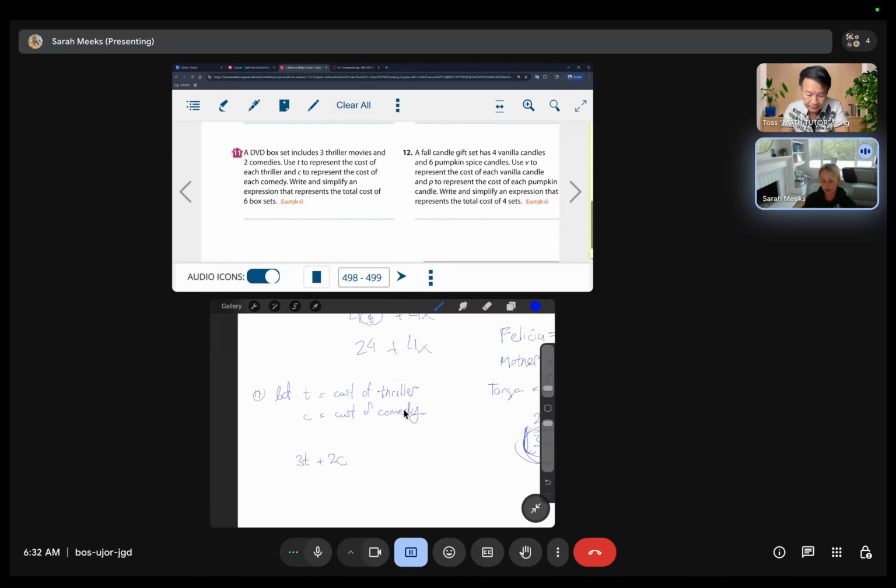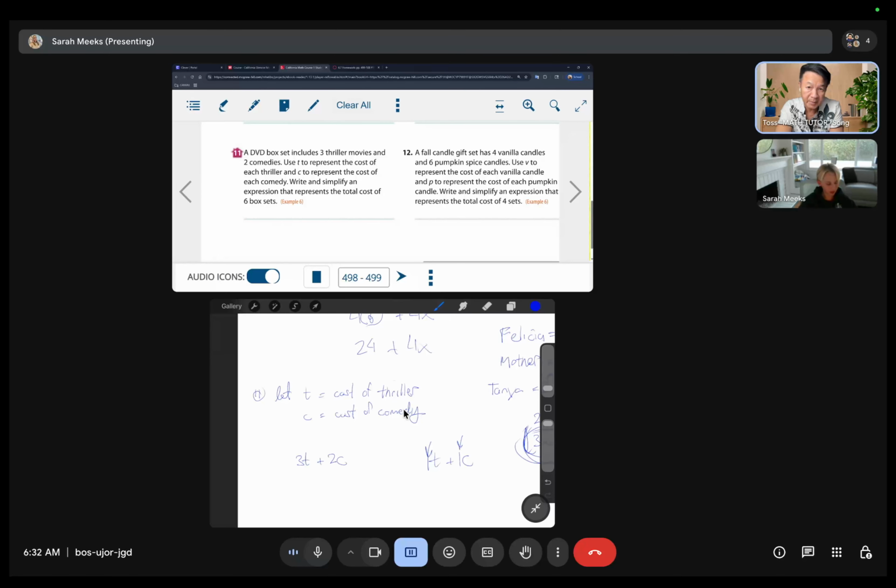Would you get a different answer if you did T plus C? It will not be correct, because if you write T plus C, you're implying there's only one T and one C. That's why you can't do that.